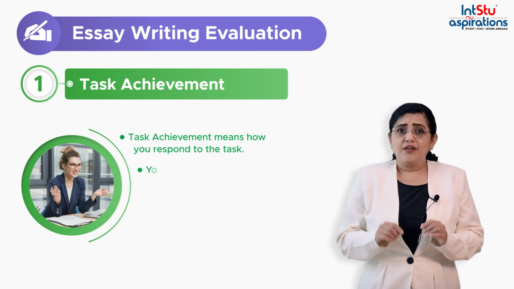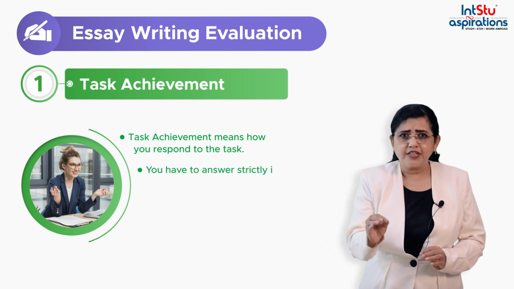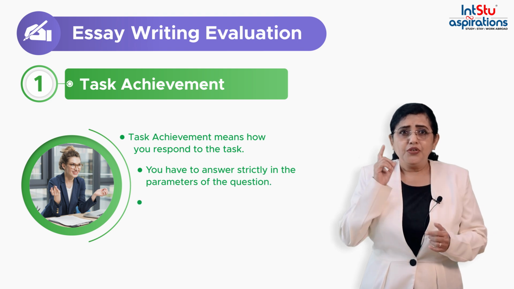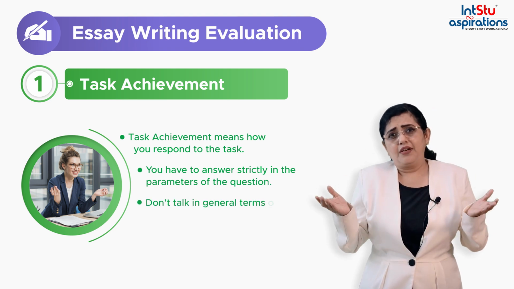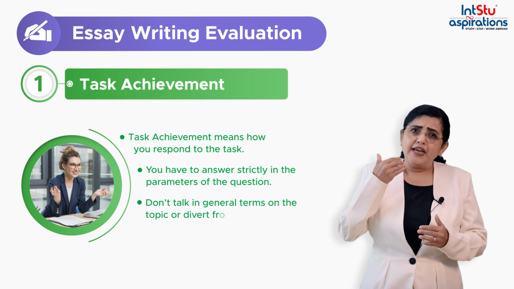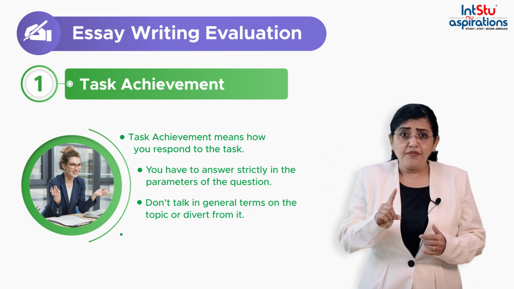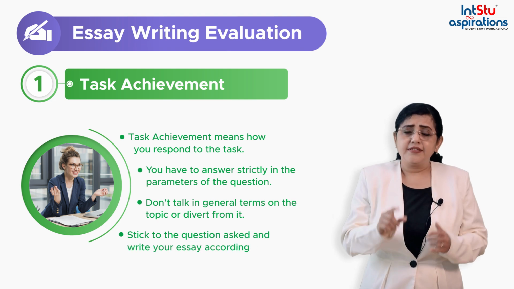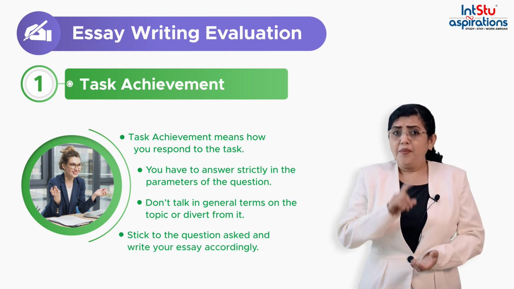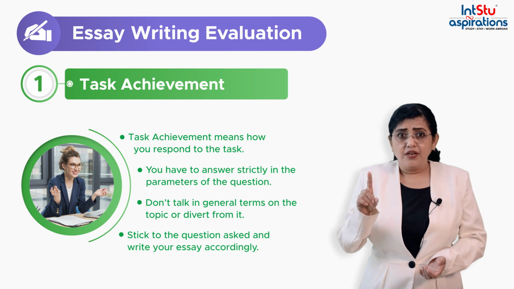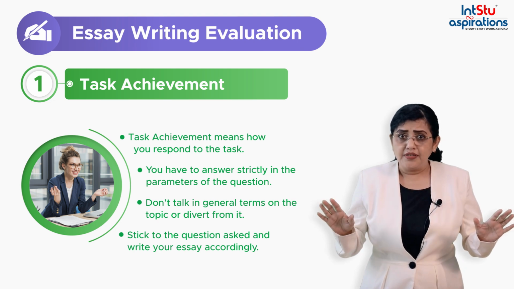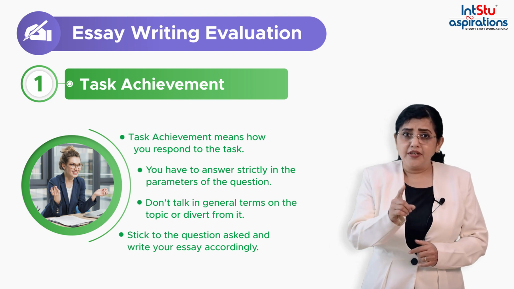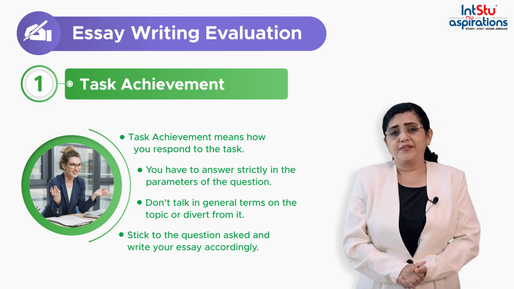That means you have to answer strictly in parameters of the question. You cannot talk in general terms on the topic or divert from it. You have to stick to the question asked and write your essay accordingly. Please do not write anything which is not asked to you in the question. Task achievement means responding to the task effectively.